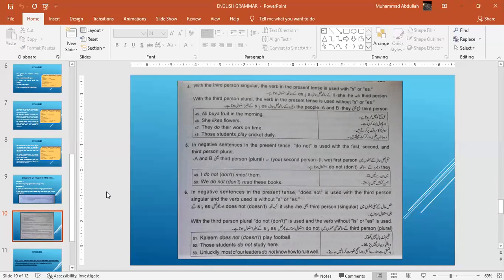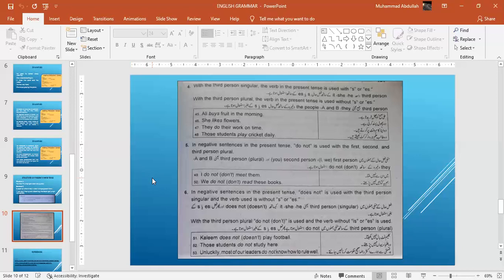I do not meet them. I is the subject. Do not is the helping verb which we use with them, and meet is the first form of verb. With do not, remember that we will never use any other form, just the first form.